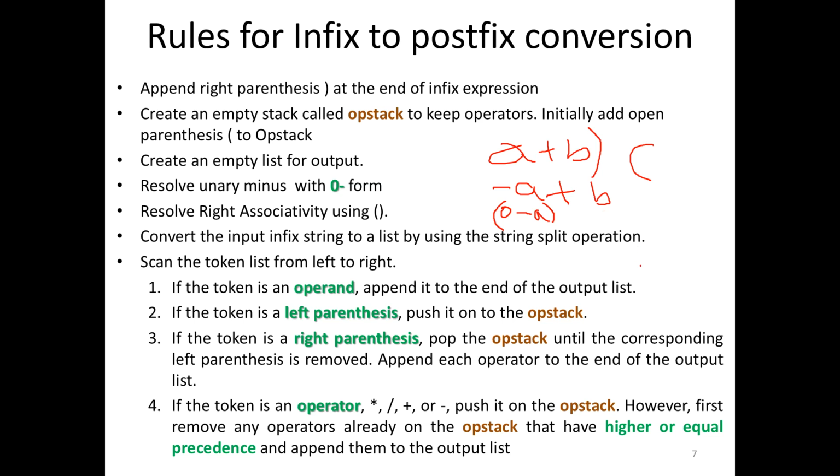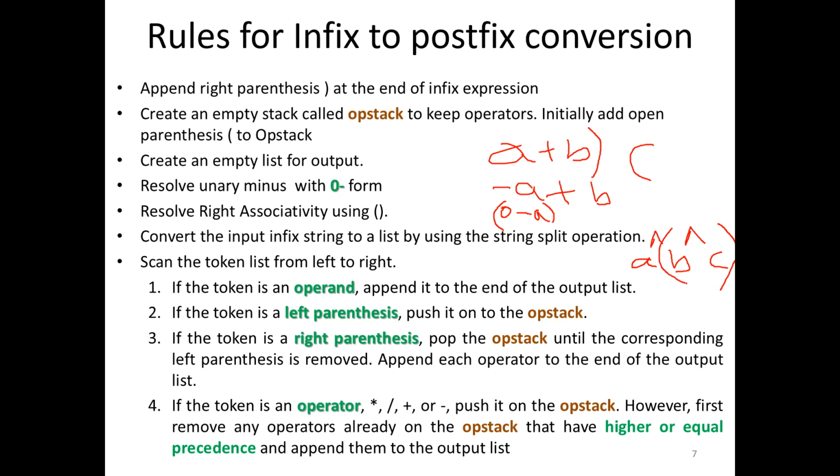In some cases, if at all there is any ambiguity in the expression, resolve that manually before the conversion. Like what we discussed earlier, a raised to b raised to c. Here there is some ambiguity. We don't know which one is executed first, whether it is a raised to b first or b raised to c first. In that case, you have to resolve that by using brackets.